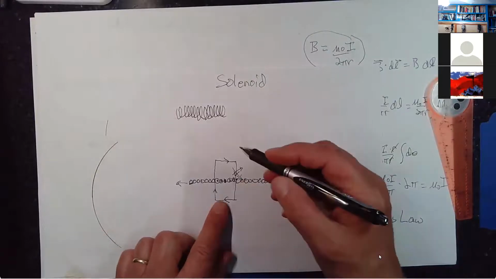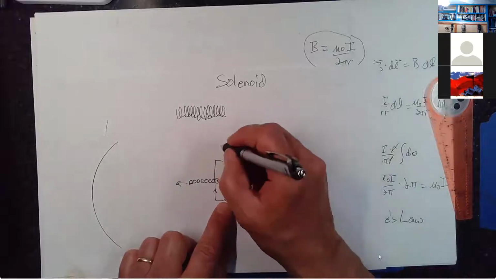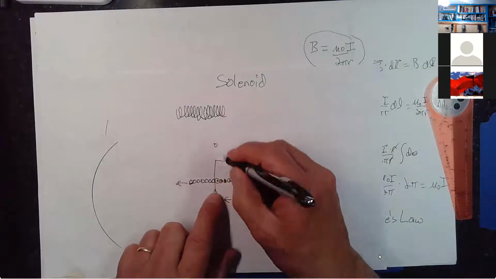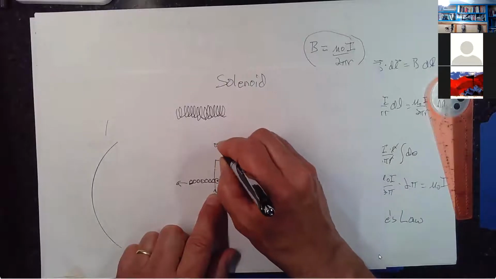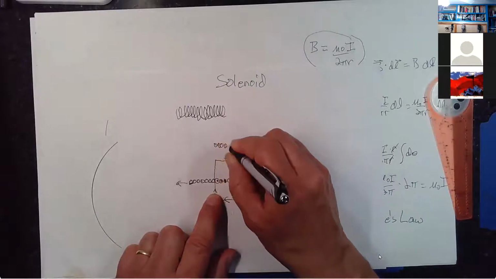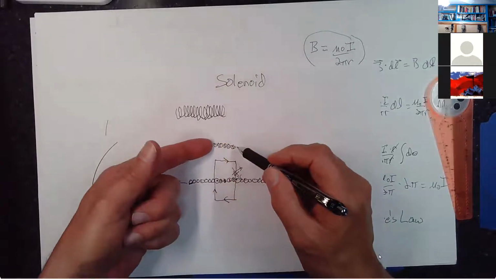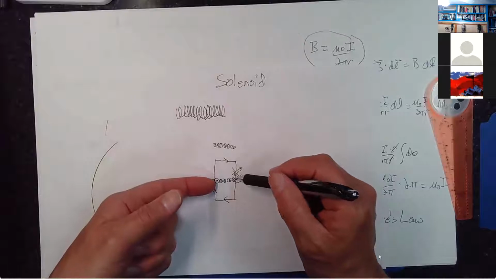Outside of here, there will not be much magnetic field, because on the opposite side of these turns right here, you'll have turns where their currents are coming out of the page. The magnetic fields of these wires will tend to cancel the magnetic fields of these wires.